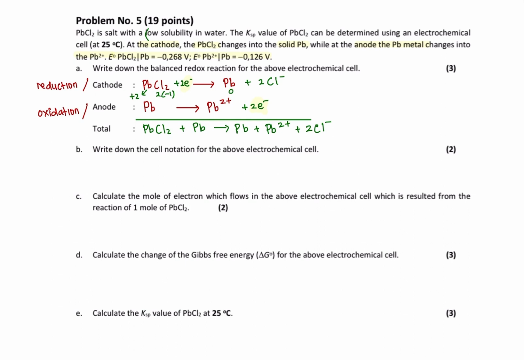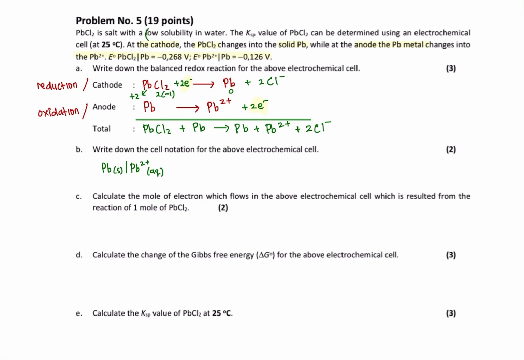So in that case, we are going to write down Pb becoming Pb2+. So this is Pb solid. We're going to put a separation here. So it changed into Pb2+, which is aqueous. If we have information of molarity, we can also write it down.